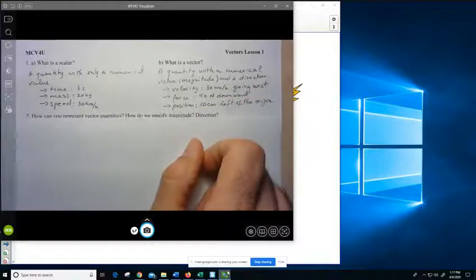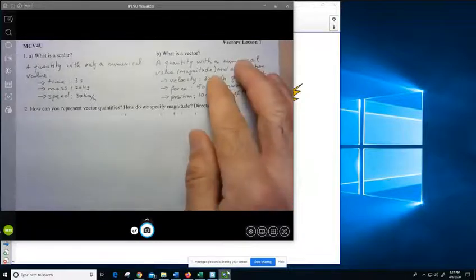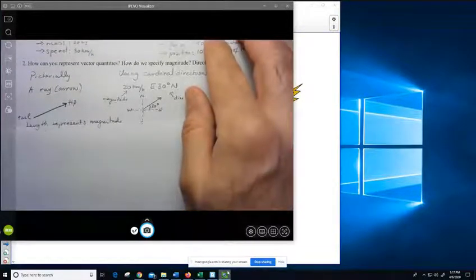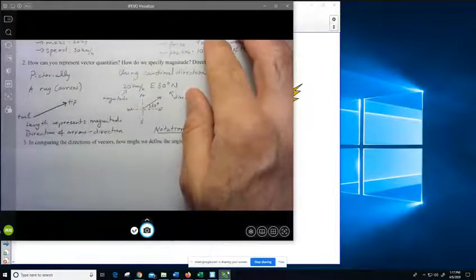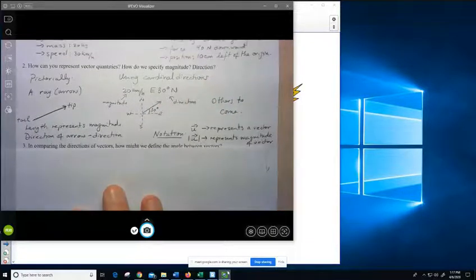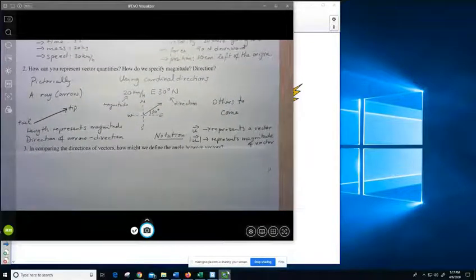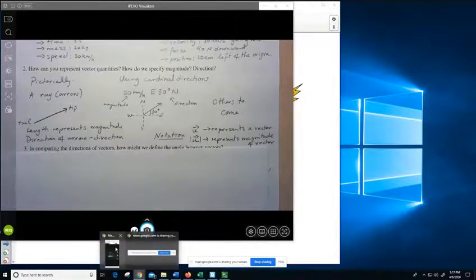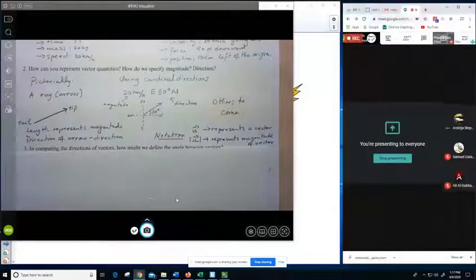Okay, and so if we take a look at this next question, which is, how do we represent these quantities? Well, we already talked about this idea of using a ray or an arrow.